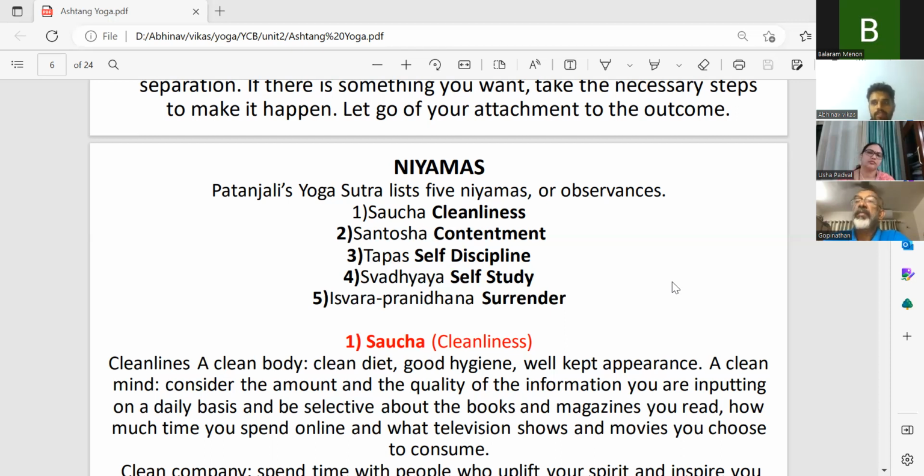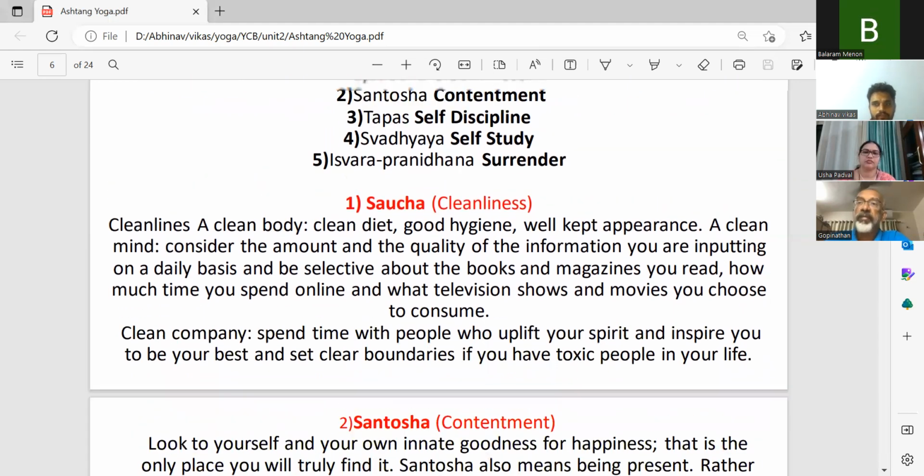Saucha means both body and mind purification. How can you clean the body? By maintaining food, which is very important. We even have the yogic diet. Somewhere I have seen a very good quote: food is either the purest form of medicine or the slowest form of poison.